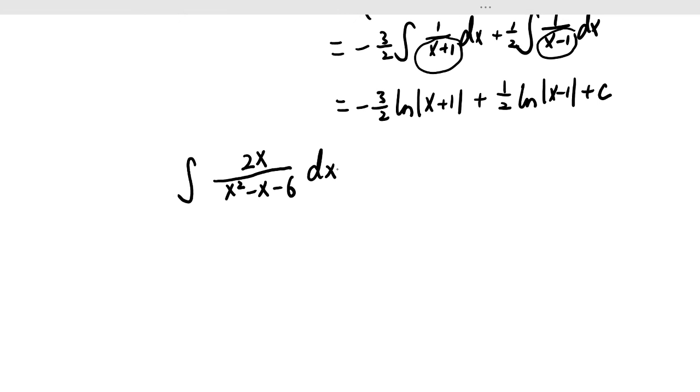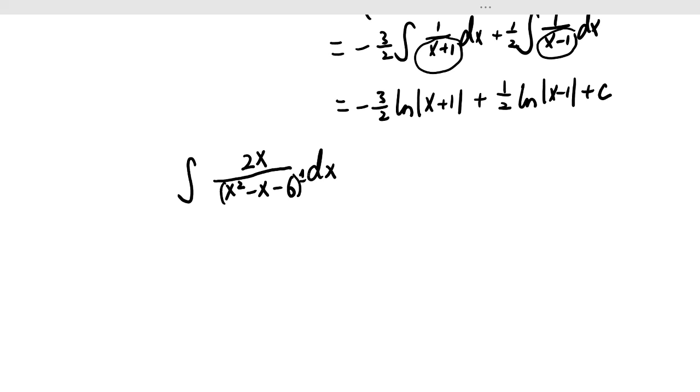Now this is a rational function form. Now I have to think about if it's possible for me to do the factoring. This is the second step. But the first thing we should do is check the degree.